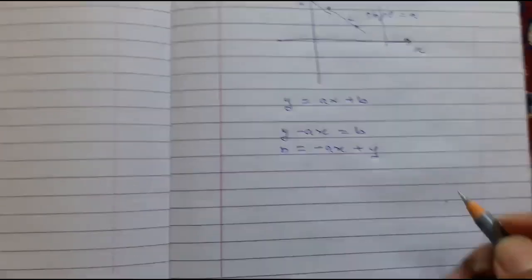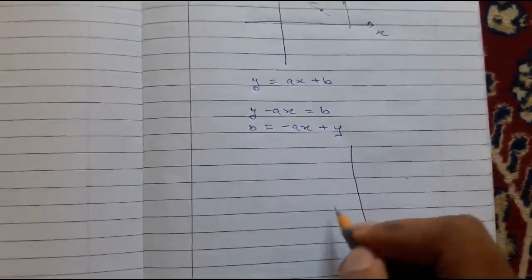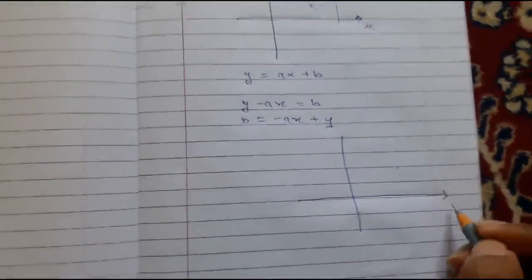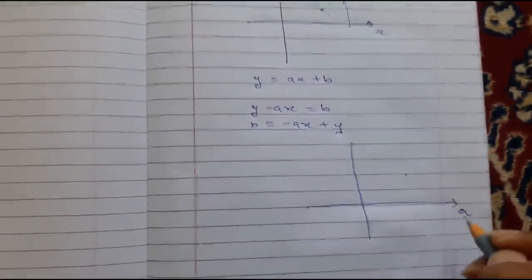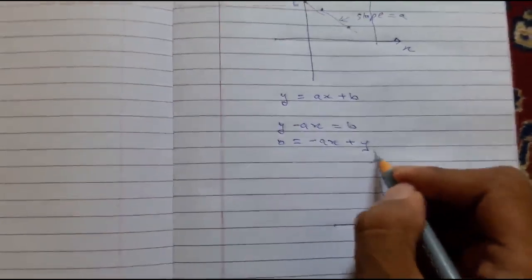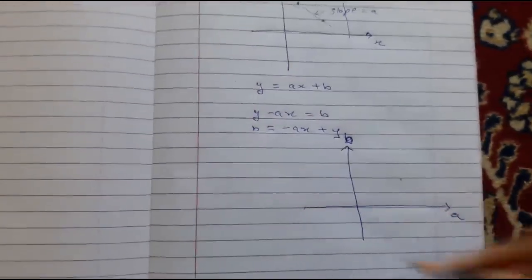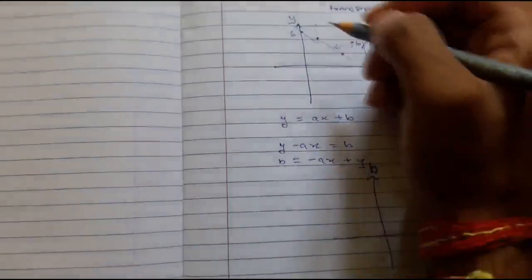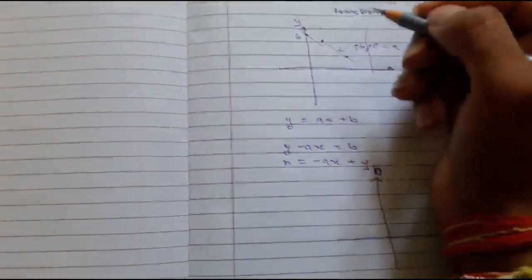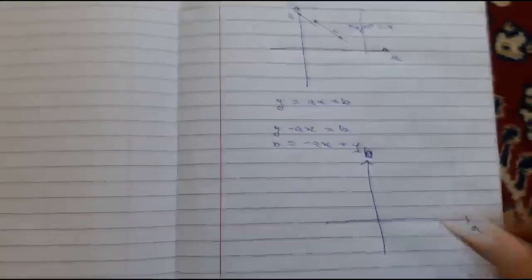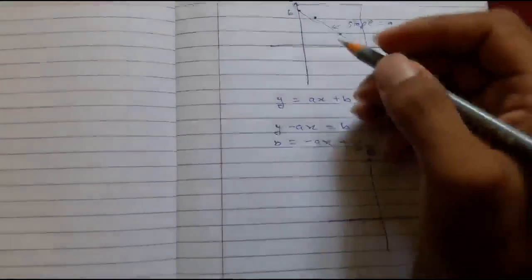So now if you see, if I go into a parametric space where here at the x-axis I have a and at the y-axis I have b, so every point in the xy plane changes to a line in the AB plane.